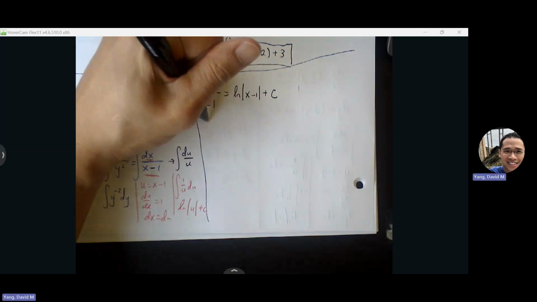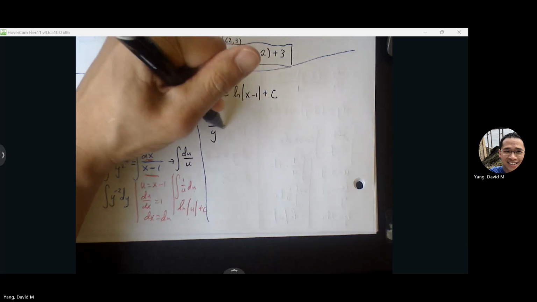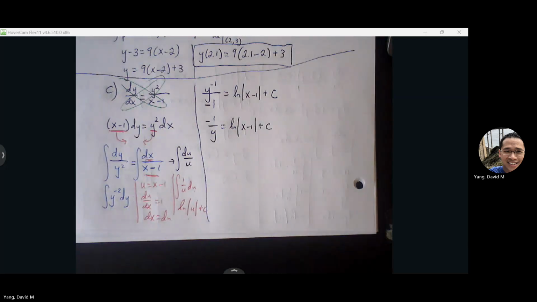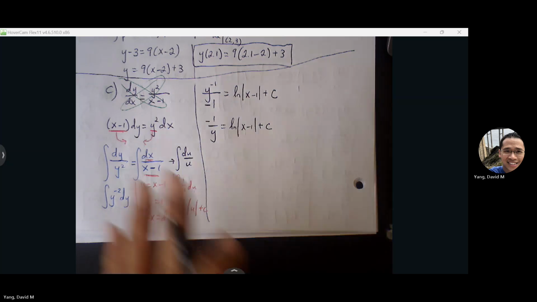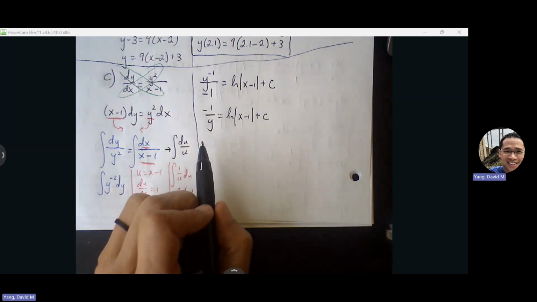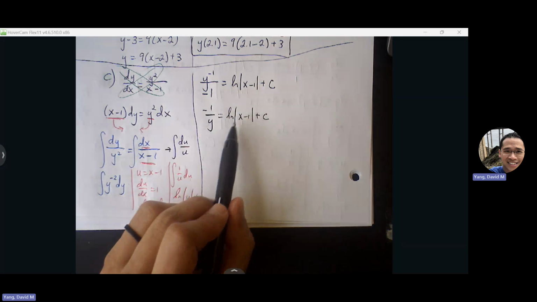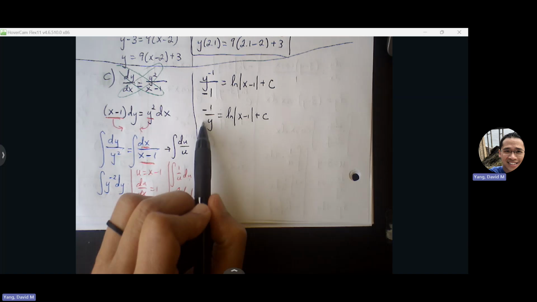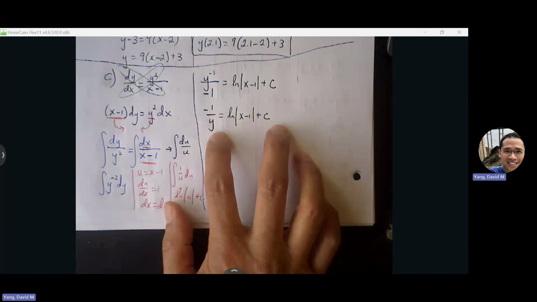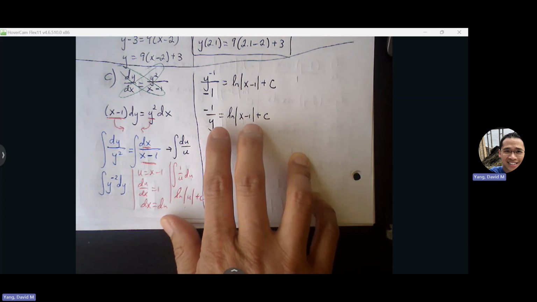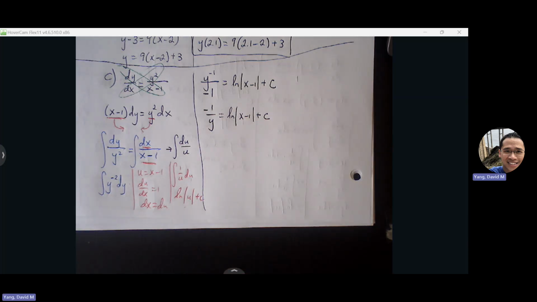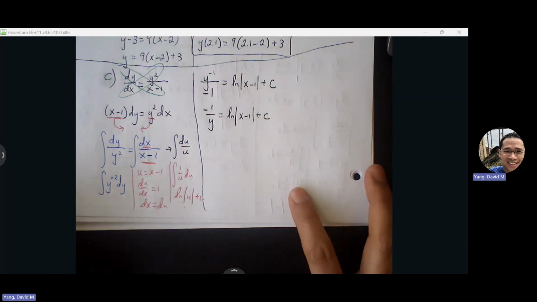Okay, let's do some cleanup here. So I want to solve for y, but this is a little bit strange because I do want to flip both the numerator and denominator, but I find that this is a relatively easy spot for me to solve for C because I don't have a whole lot of negative exponents here. So in my mind, I'm just going to get that C value out of the way.